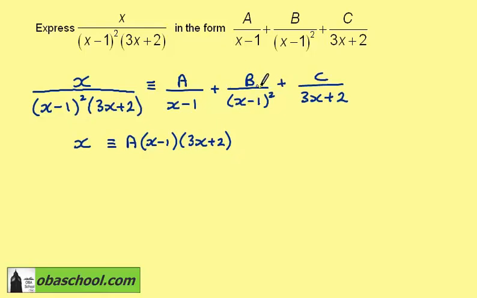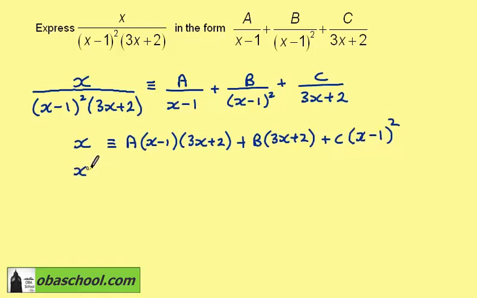When we multiply this term, (x minus 1) all squared cancels, and this leaves us with the b multiplied by (3x plus 2). When we multiply this term, the (3x plus 2)'s cancel, leaving us with c multiplied by (x minus 1) all squared.